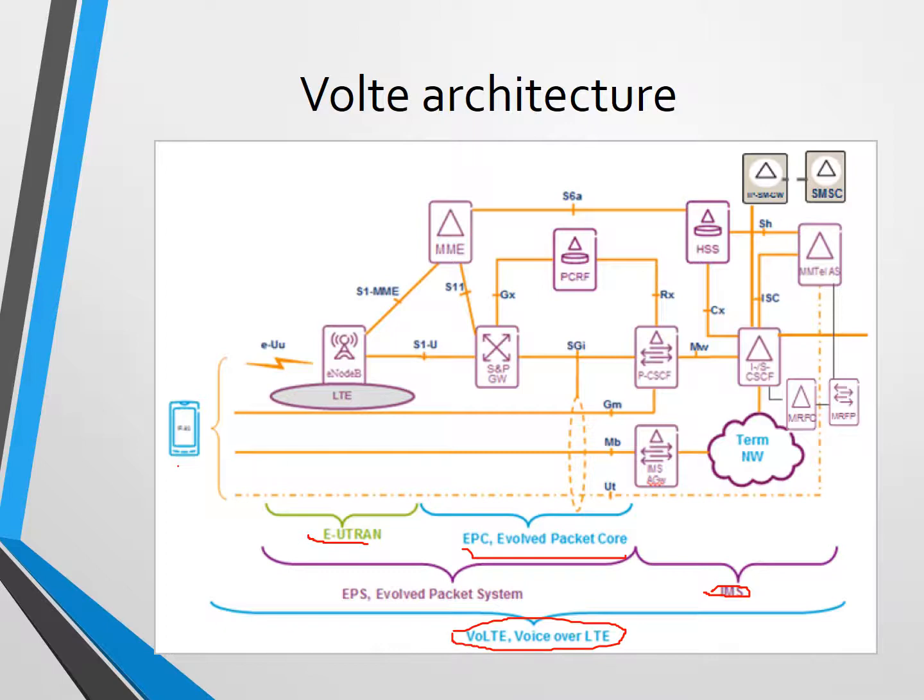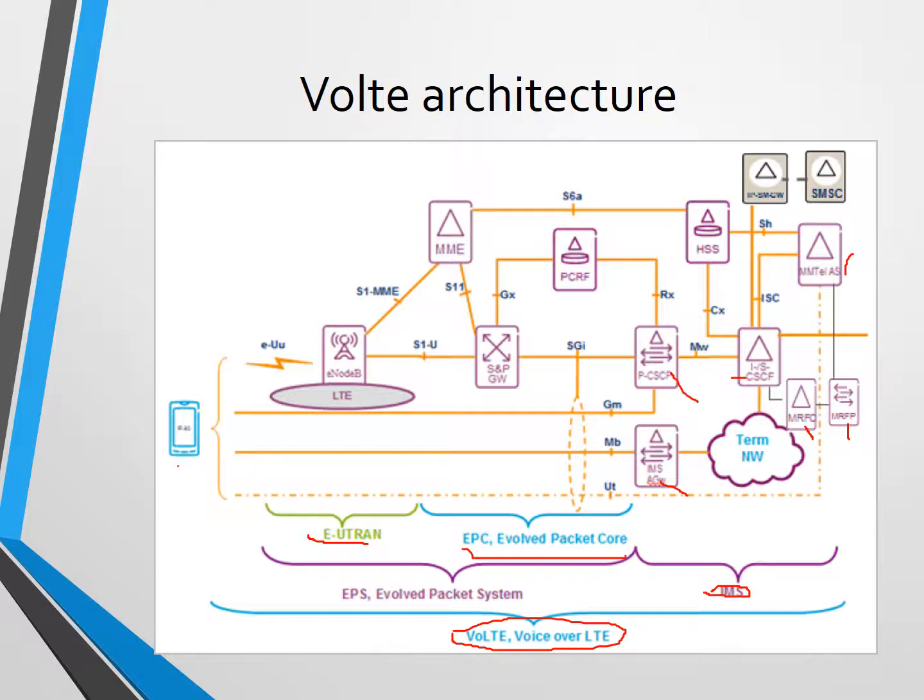The new nodes which have been introduced in this architecture, other than E-UTRAN and EPC, are CSCF, ICSCF, SCSCF, and MMTEL AS. MMTEL AS is here, and then we have MRFC, MGCF, IMS application gateway, and PCSCF.